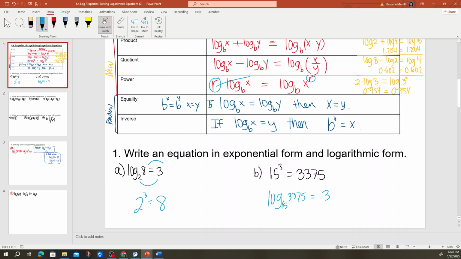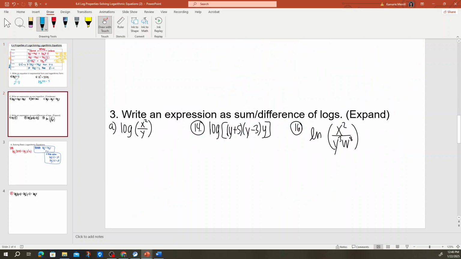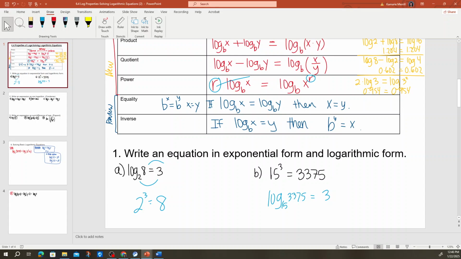Now the next section, 5 and on, is going to go through these properties up here that I just taught you, and then we're going to solve on the back page. Does anybody still need that slide? I'll pause for a second. Good.